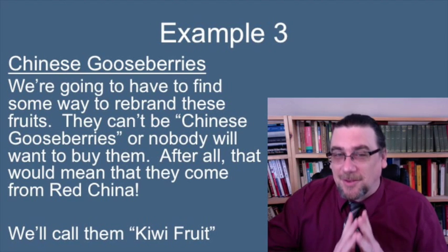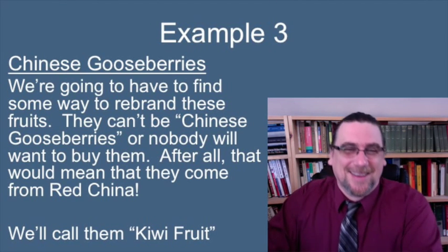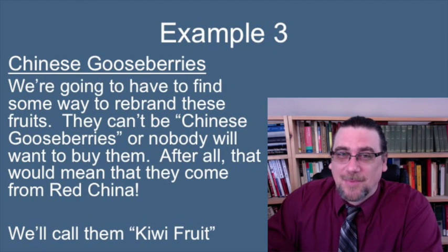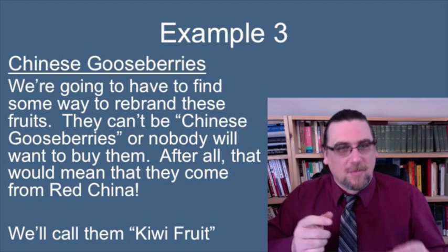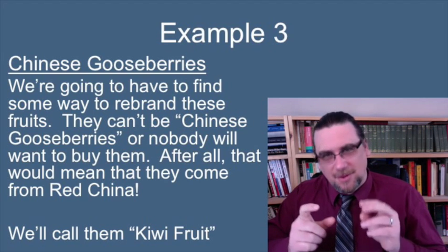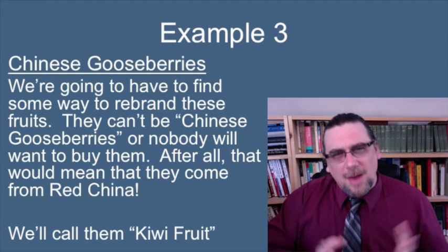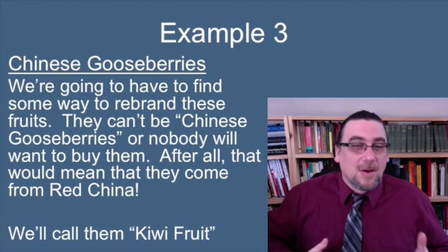Chinese gooseberries. This is a very, very interesting case, isn't it? What are Chinese gooseberries? They're what we call kiwi fruits. They're actually a gooseberry. If you've ever eaten little gooseberries and you look at them, you see that kiwi fruits bear a lot of resemblance to them. So why don't we call them Chinese gooseberries? Well, very simple.